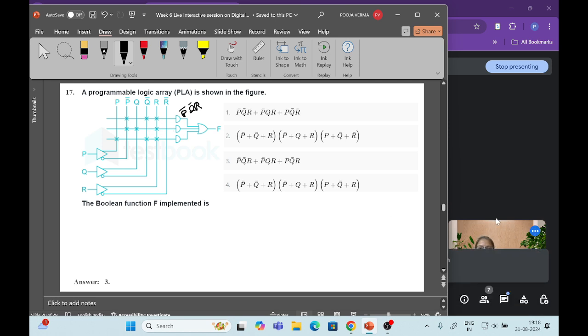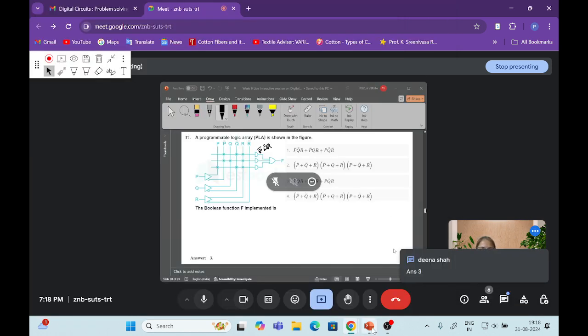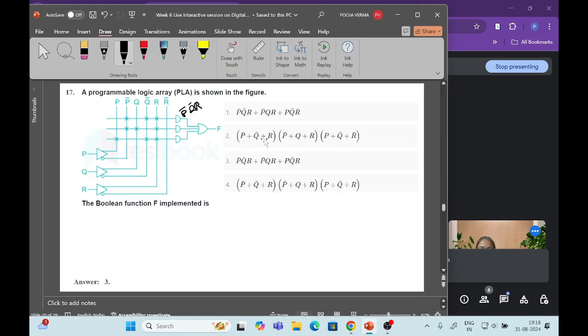Now what will be the output of the next AND gate?